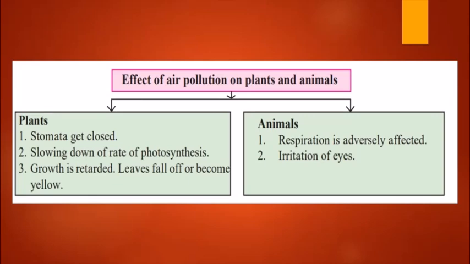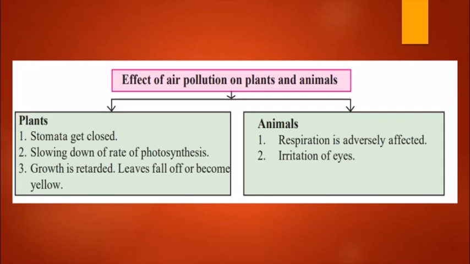Because of the pollution, even plants can have some effects, even animals can have some effects. In plants, the stomata, the openings in the leaves for transpiration, get blocked because of the pollution.